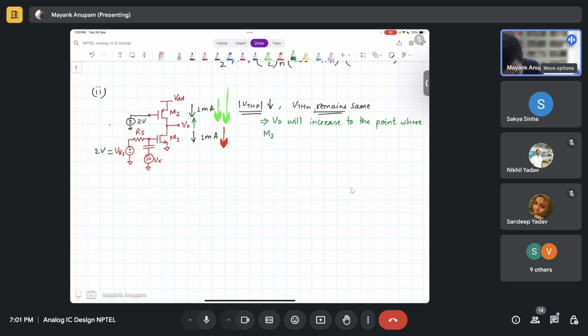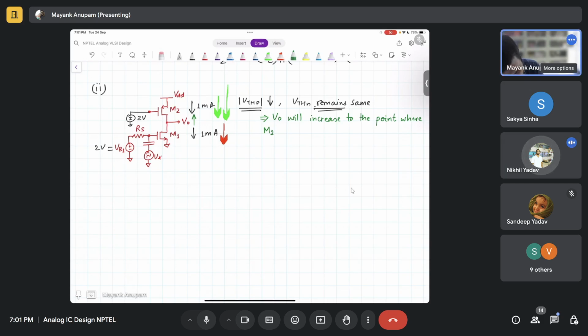The VGS is not changing, right? For M2 VSG is not changing. How will the current reduce? M2 might go into the linear region, then it might reduce. Exactly. Once it goes into the linear region, the current not only depends upon the VSG, but it also starts to depend upon VSD, right?